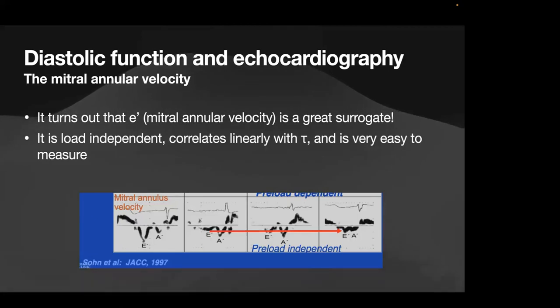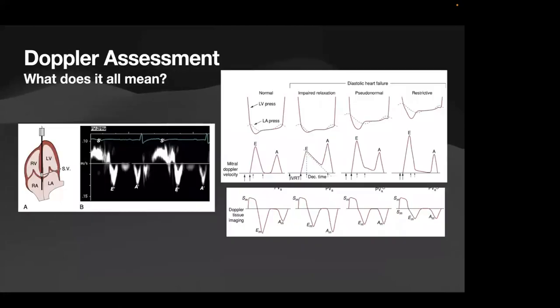And so we know that we can do it regardless of the loading conditions. In fact, you can use your E prime velocities even if you have atrial arrhythmias. So E prime velocities and E over E prime velocities, which we'll get to, actually correlate quite well with left atrial pressures, even in the presence of atrial fibrillation. So they're a very strong marker of diastolic function, independent of the ambient preload that's available.